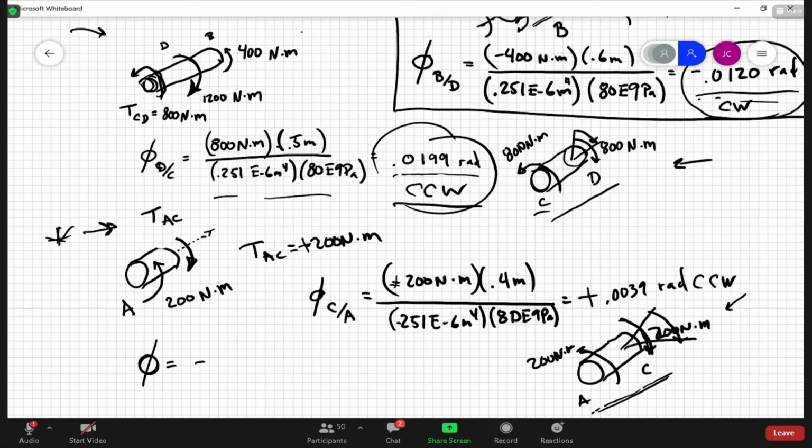So it's the minus 0.012 plus the, where's the other one?